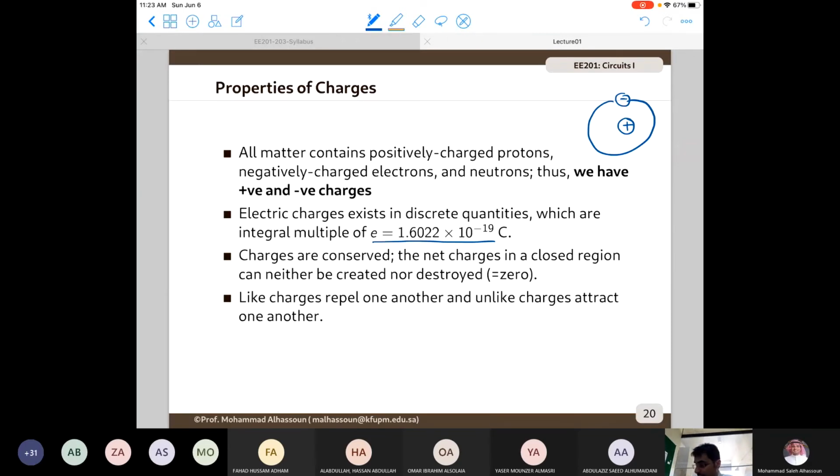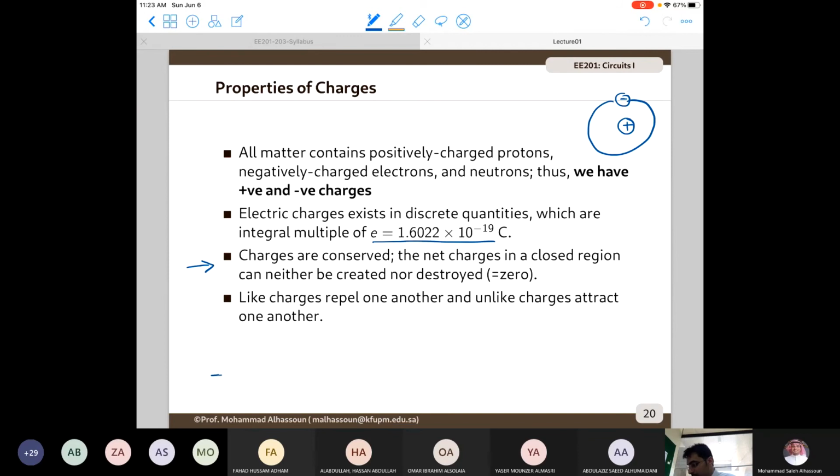A very important thing that we're going to utilize when we derive Kirchhoff's current law is that charges are conserved, meaning that charge can neither be created nor destroyed, meaning that the net charge in a closed region must be 0.